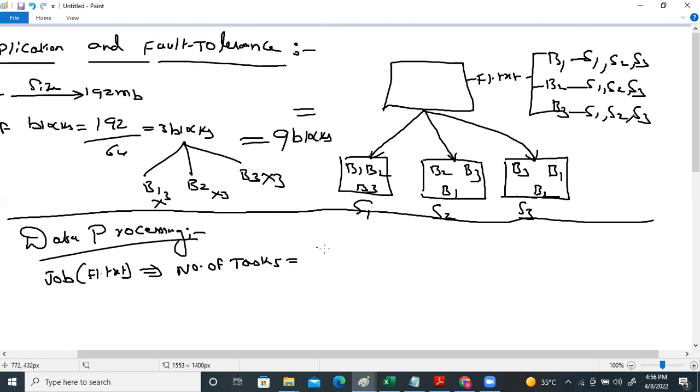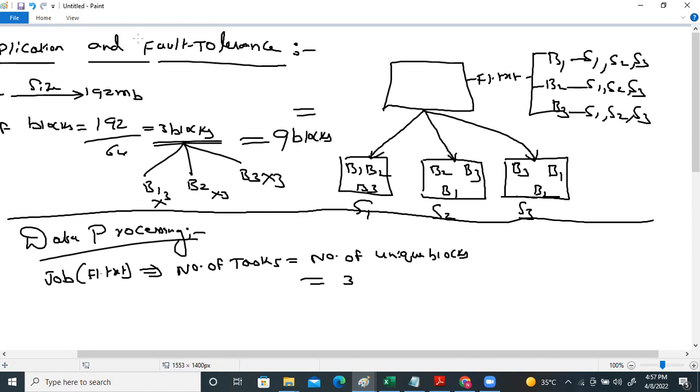Number of tasks equal to number of unique blocks. Here how many blocks? 9 blocks here. Unique blocks are 3. Observe, only 3 blocks. Remaining 6 blocks are duplicated blocks.